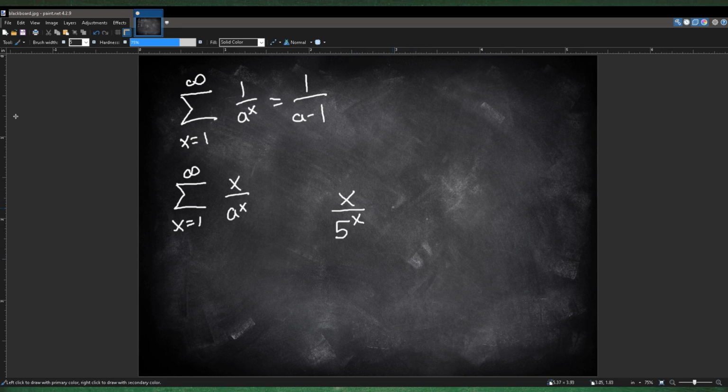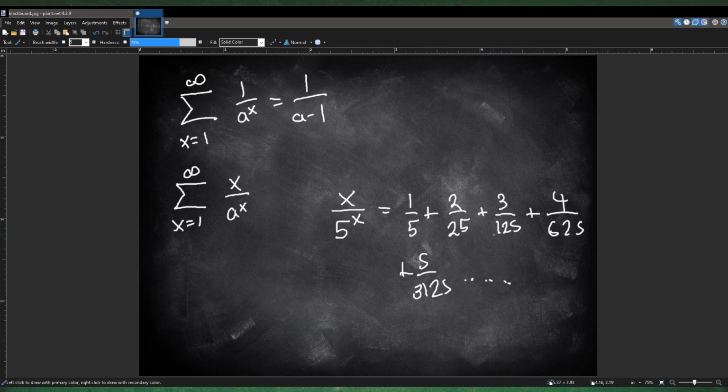That would look like 1 over 5, plus 2 over 25, plus 3 over 125, plus 4 over 625, plus 5 over 3125, right? And so on, as it gets smaller, because the exponential will always increase faster than a linear function, if it's a higher base. If it's something like 2, then sometimes it might not be smaller.